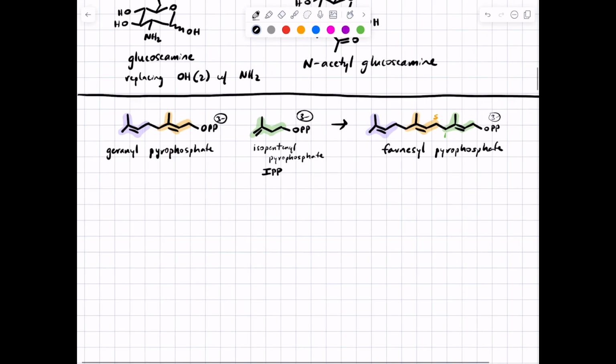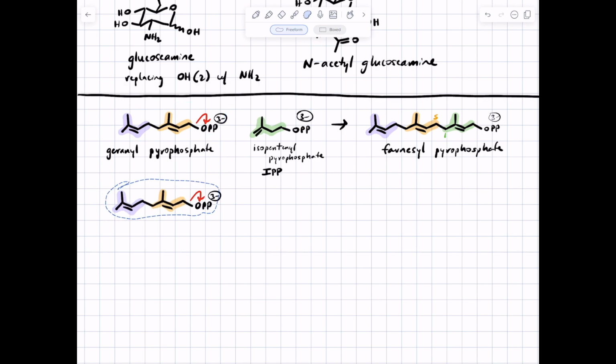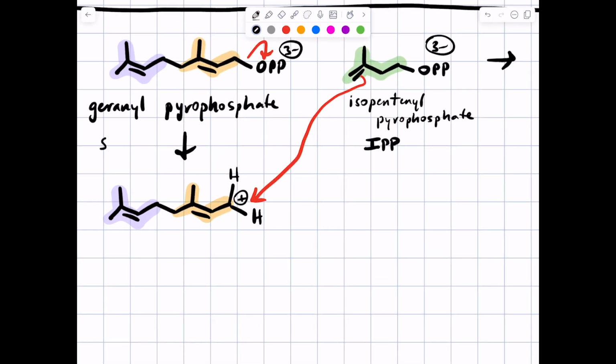And the mechanism is going to be relatively simple. The allylic good leaving group is going to leave to give me a resonance stabilized allylic carbocation. Then isopentenyl pyrophosphate is going to act as a nucleophile. The first step was sort of SN1 style, leaving group leaves.